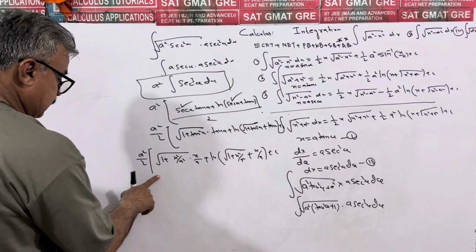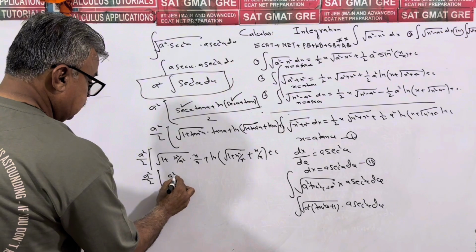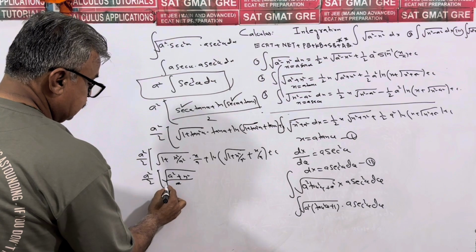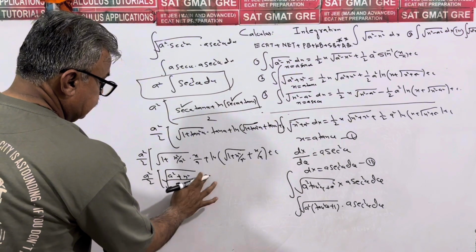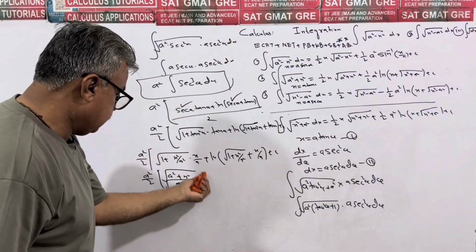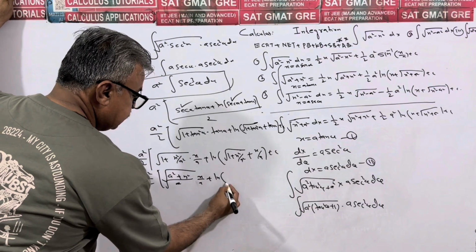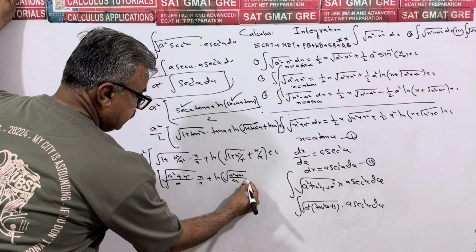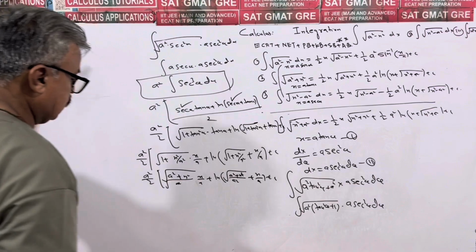Taking LCM, a square plus x square over a square under the root.